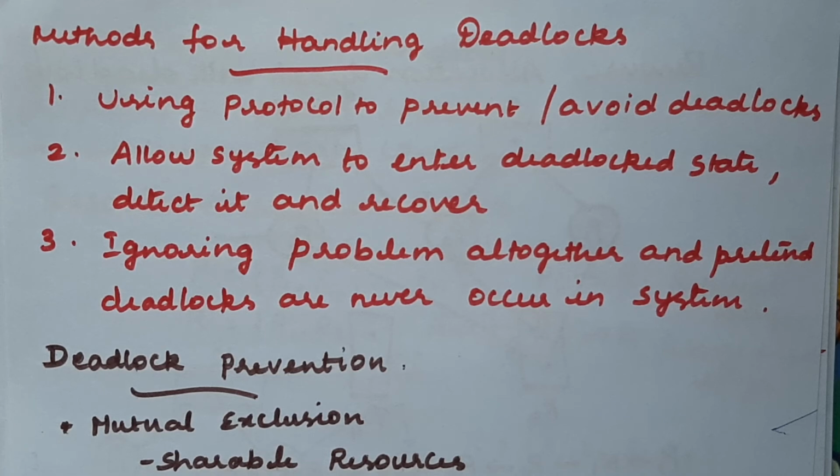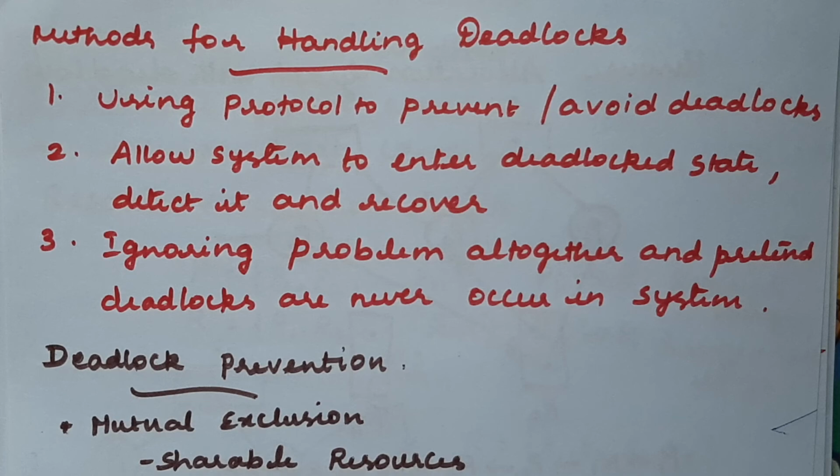We can prevent somewhat easily, but to avoid the deadlock we need additional information like how many resources should be allocated to each process. It is much more difficult to obtain all that information about the processes and their resource details.